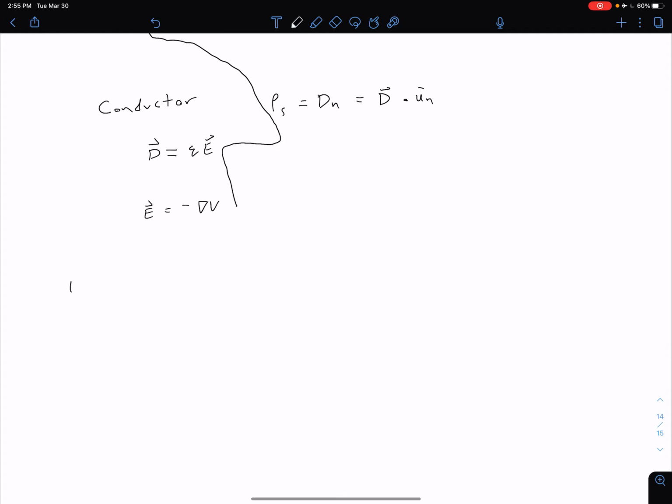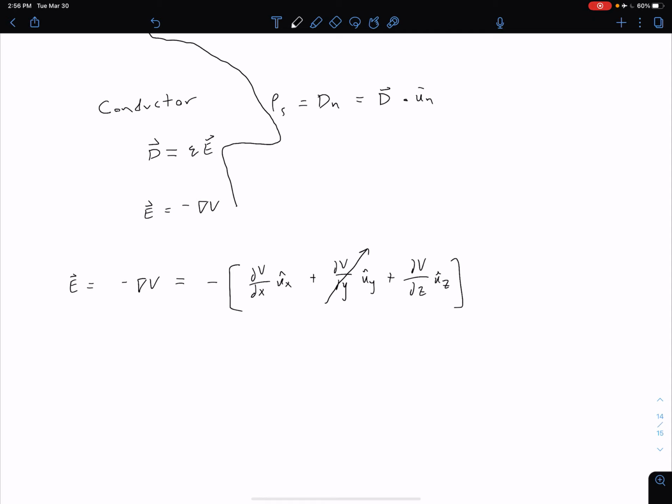So let's go ahead and start by finding our electric field. We know our electric field is equal to negative del of V, and so in general that's going to be negative partial of V with respect to x in our x direction, plus partial of V with respect to y in our y direction, plus partial of V with respect to z in our z direction, because we're in Cartesian coordinates.